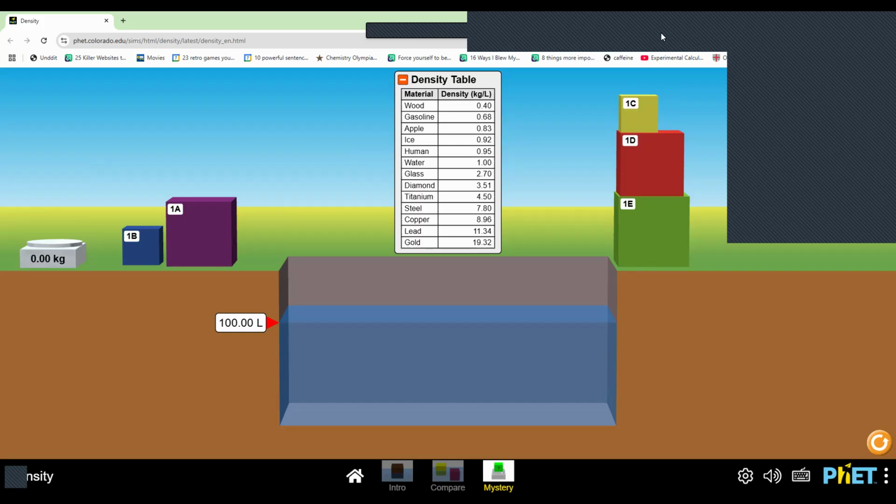So this is the sort of thing that obviously you're not going to have the simulation on your exam, but if I were to give you information like this object has a volume of this and a mass of this, based on this density table, what is that object? Give me a number if you think, oh yeah, I could totally do that, or a letter if you're not sure.